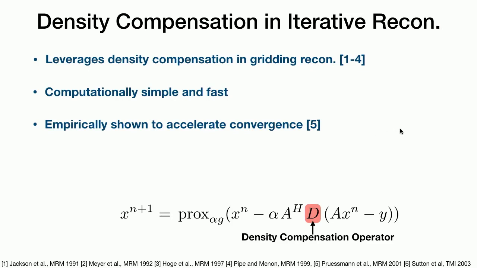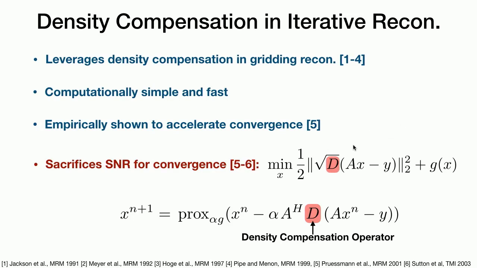But one of the major issues here, noted by many works, is that if you go back and see what you're changing in your objective function, you're basically throwing away samples for convergence. So you're throwing away low-frequency regions for convergence, which is in general something that we don't want to do.